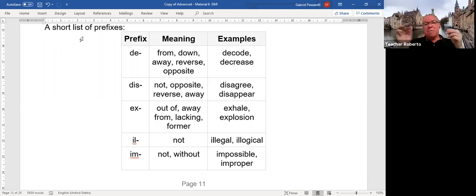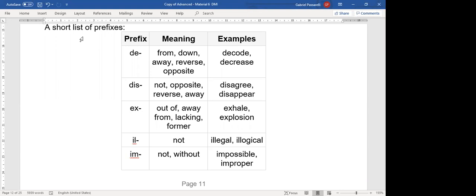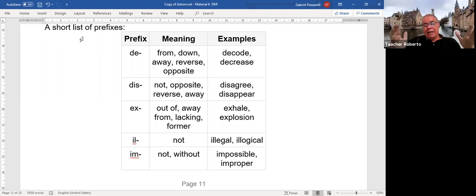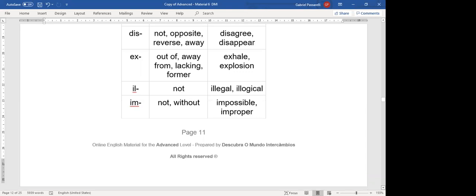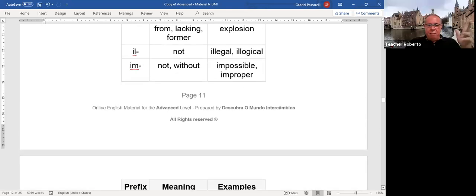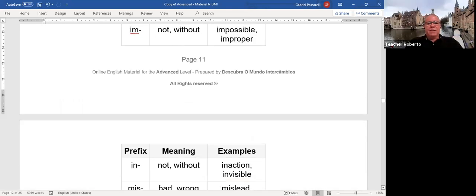If they begin with a P, we add im with the same idea, not or without. Like possible, impossible. Proper, improper, okay? It depends on the beginning of the word. And we have more here. You see?